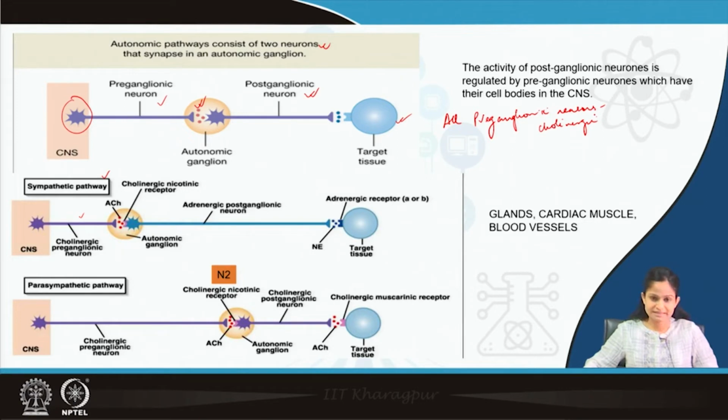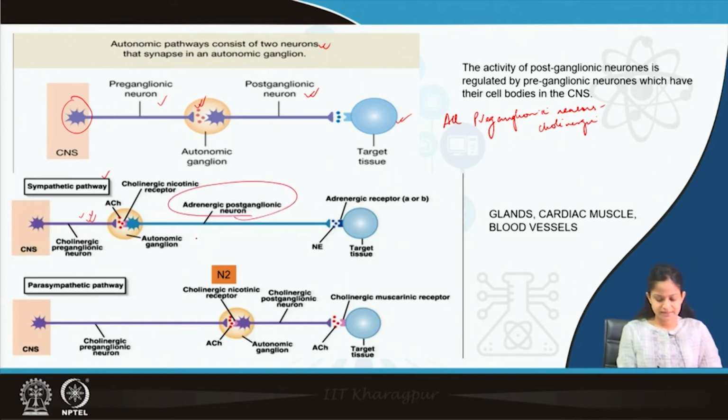So, in case of sympathetic nerve fibers, the preganglionic cholinergic neuron, you can see, is very short, and the postganglionic nerve fiber is very long.